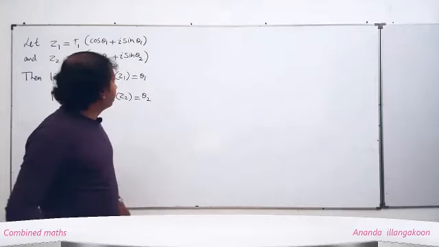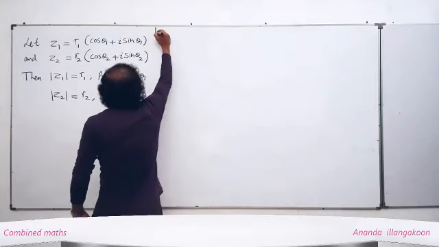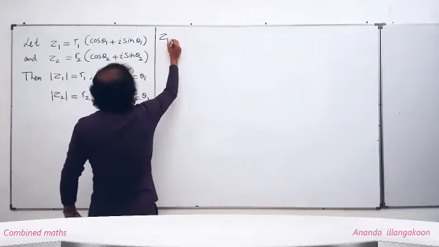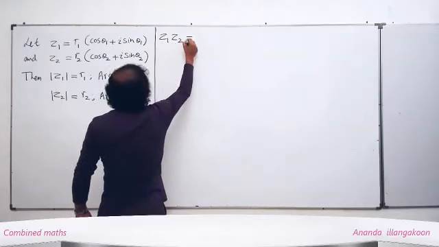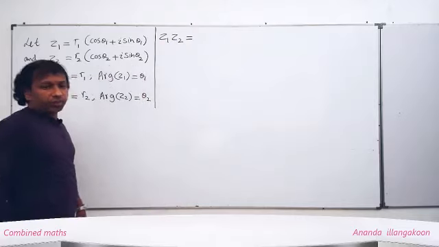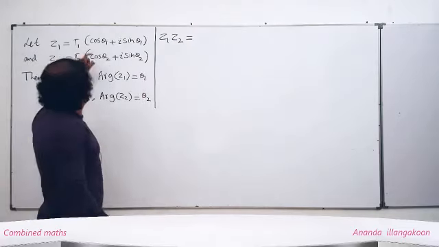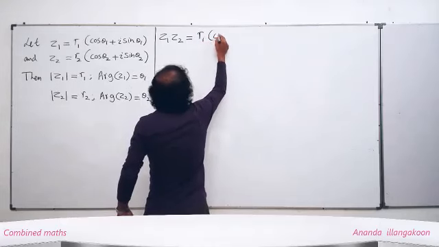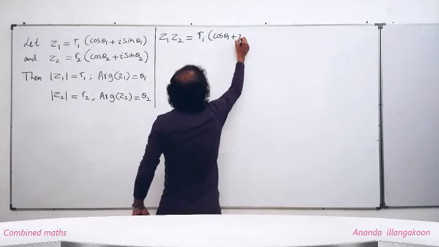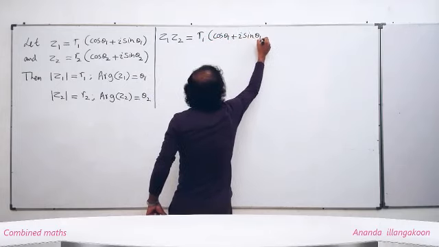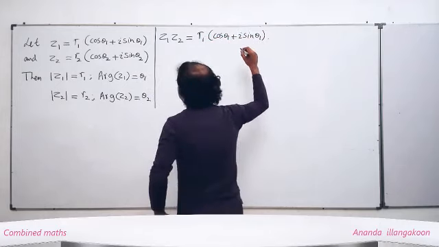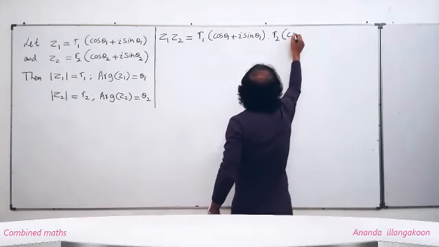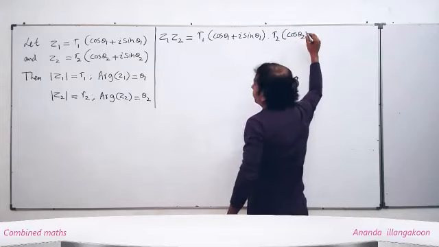Then we are going to multiply Z1 and Z2. Z1 is R1 times (cos theta 1 plus I sin theta 1), into Z2, R2 times (cos theta 2 plus I sin theta 2).